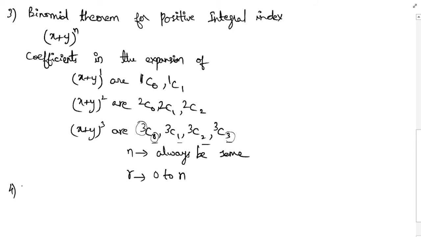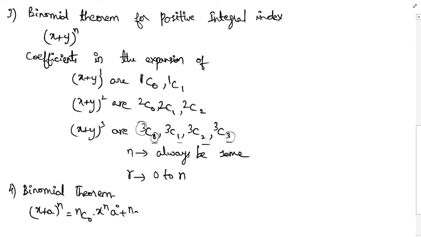Now we are learning the binomial theorem formula. x plus a whole power n is equal to nC0 x power n a power 0, plus nC1 x power n minus 1 a power 1, plus nC2 x power n minus 2 a power 2, and so on up to nCr x power n minus r a power r.